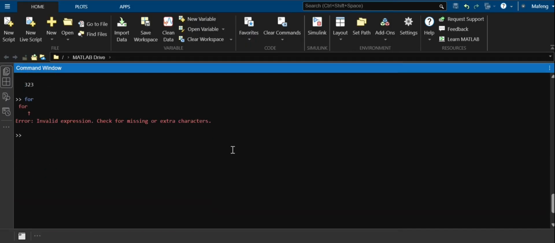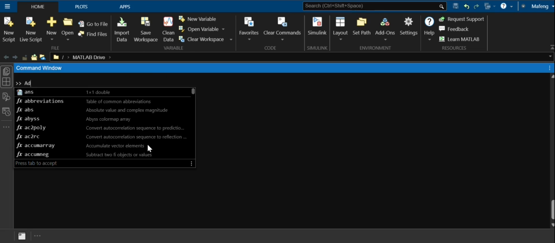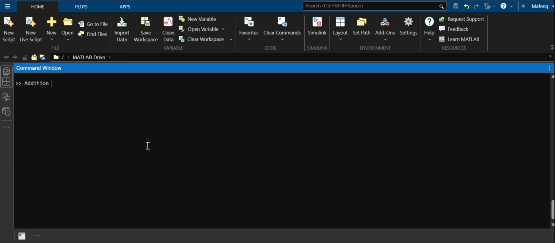Alright, so let's move on to some simple arithmetic operations. I've already demonstrated some operations already. For addition, we use the plus. Subtraction, we use minus.